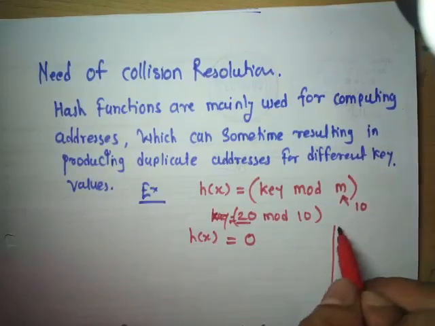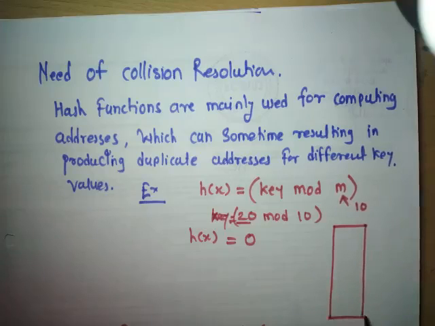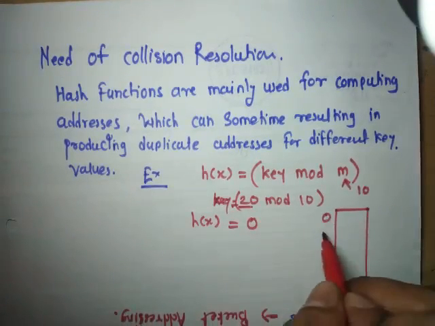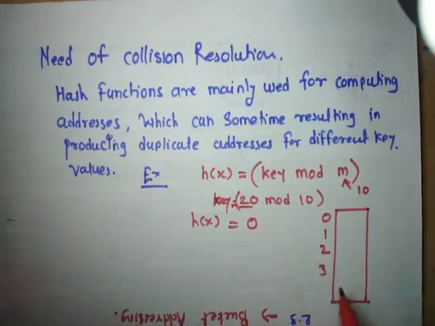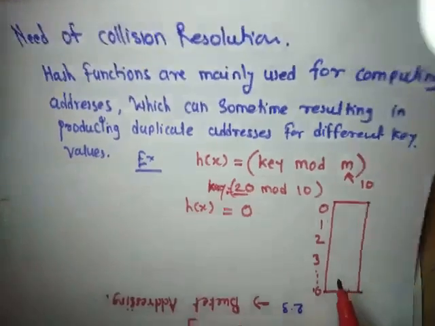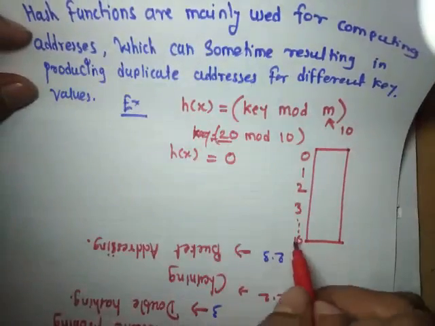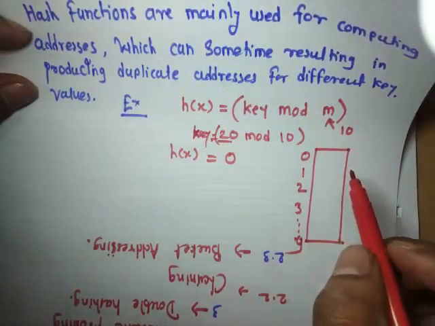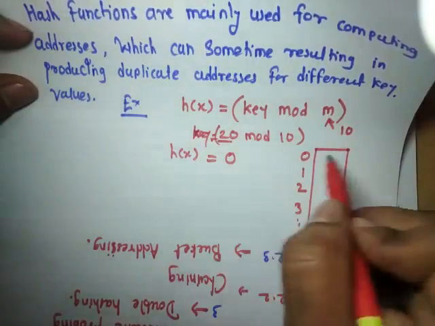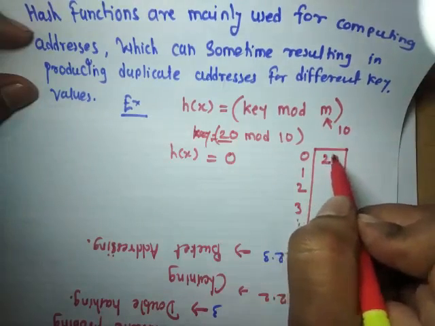So in the array of size 10, with indexes 0, 1, 2, 3 and so on, at address location 0 we are going to store the element 20.